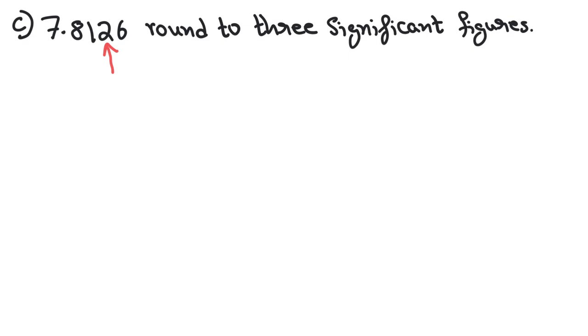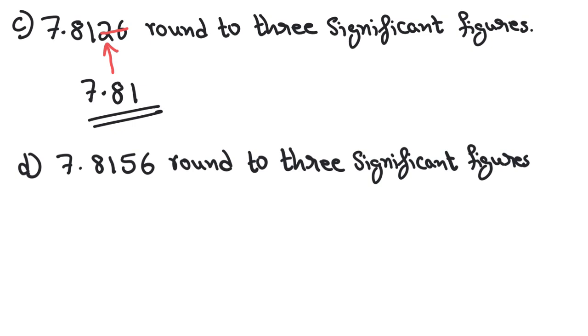Is 2 less than 5? It is. It's not 5 or more. So we discard it, and when rounded to 3 significant figures, this is 7.81. That's it. Let's try another one.